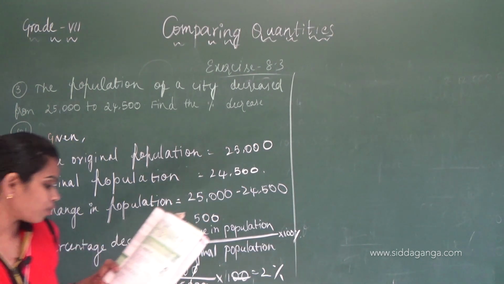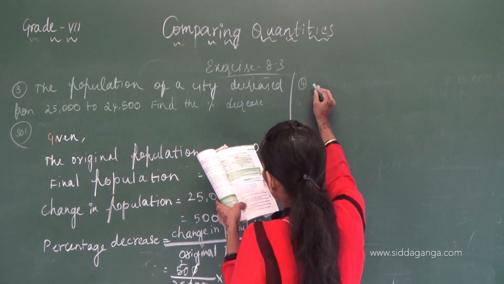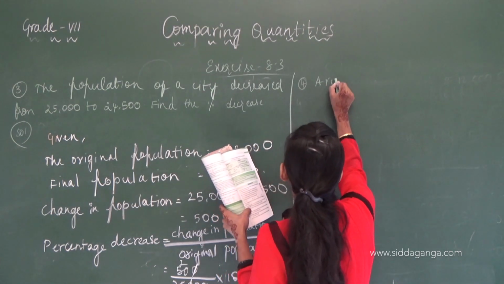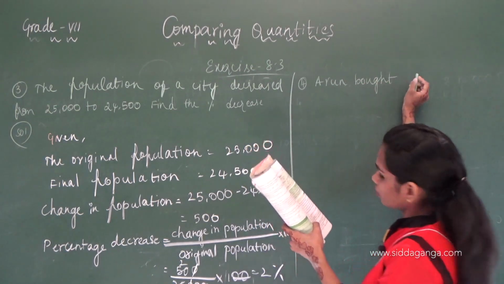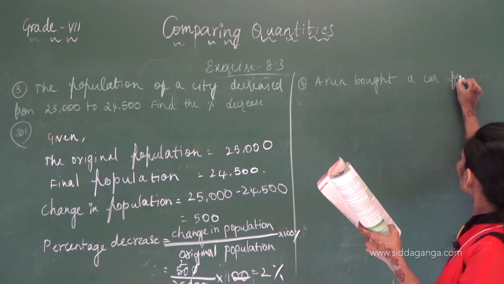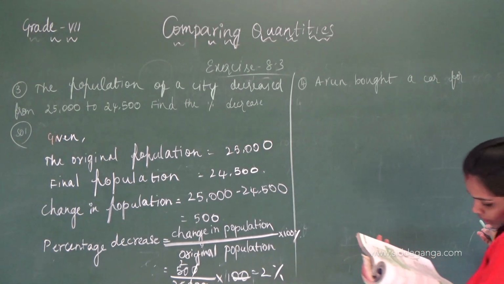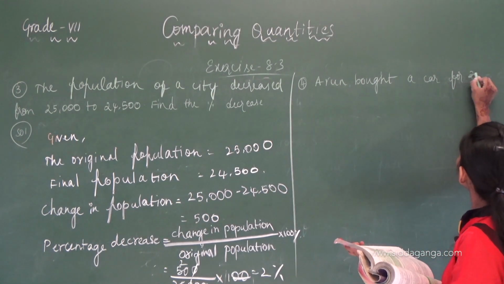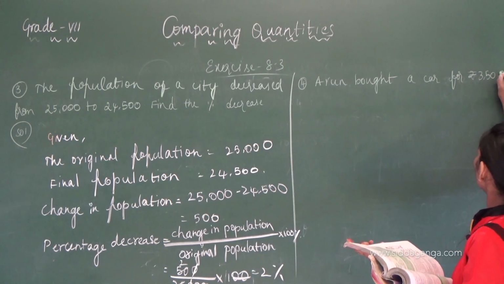And then the fourth one. Arun bought a car for rupees 3,50,000.